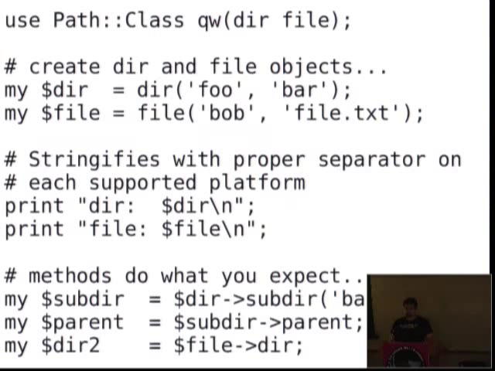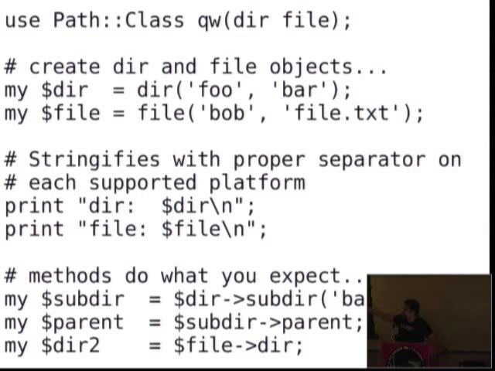If you don't really like File::Spec, Path::Class does just about everything that File::Spec does, but with some magic overloading. You call the dir function or the file function, and you get back a Path::Class object that represents either a directory or a file.